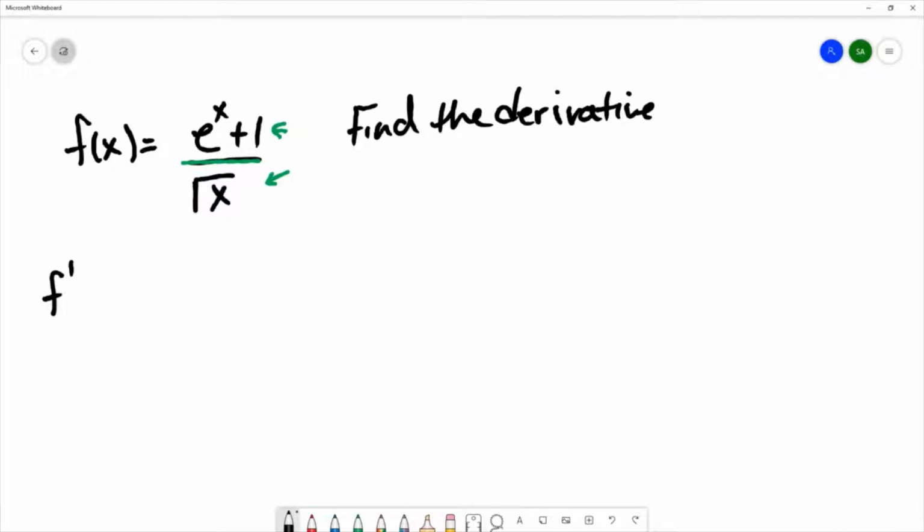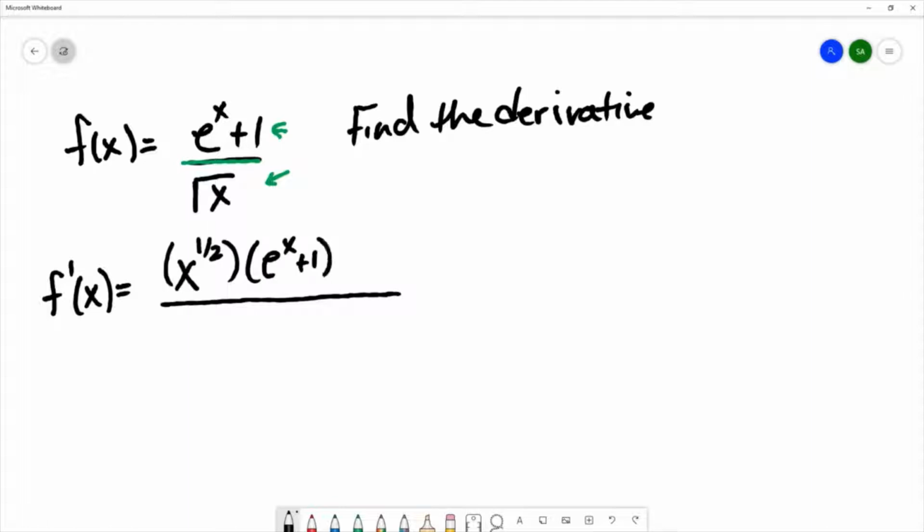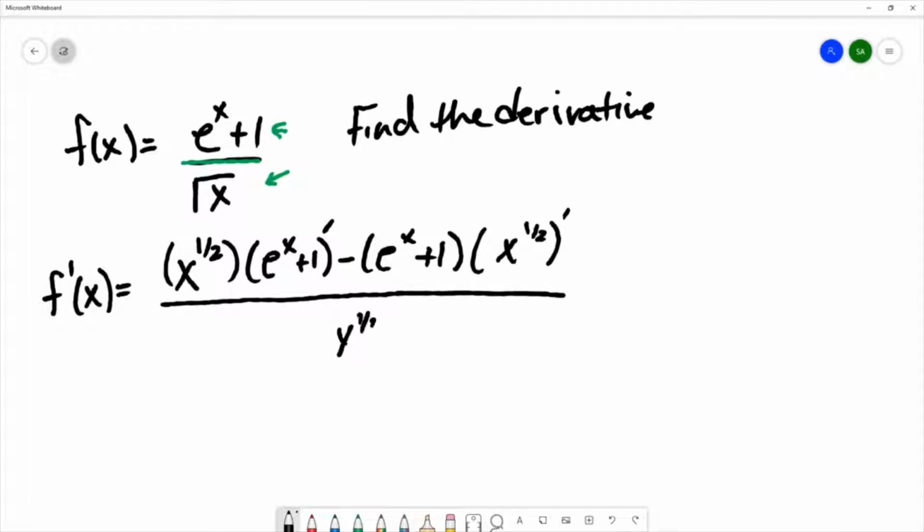So to find the derivative, we're going to follow that quotient rule, and the quotient rule says that we're going to do the denominator, which I'll rewrite as x to the 1/2, times the derivative of the numerator, minus the numerator times the derivative of the denominator, all over the denominator squared.